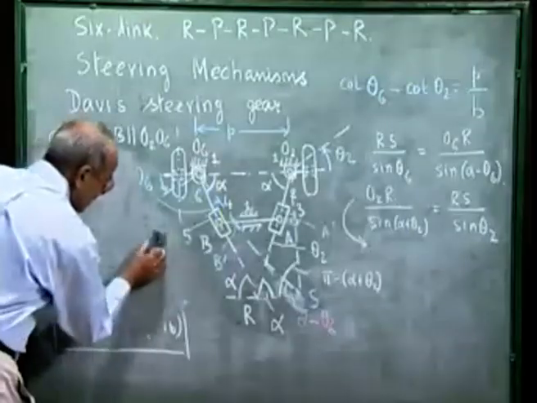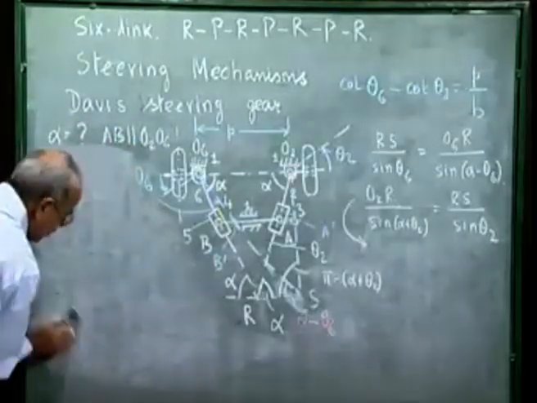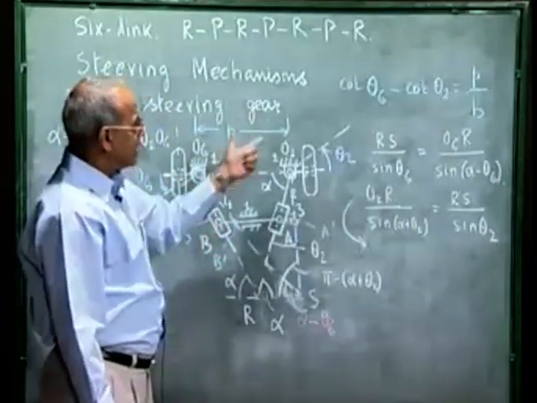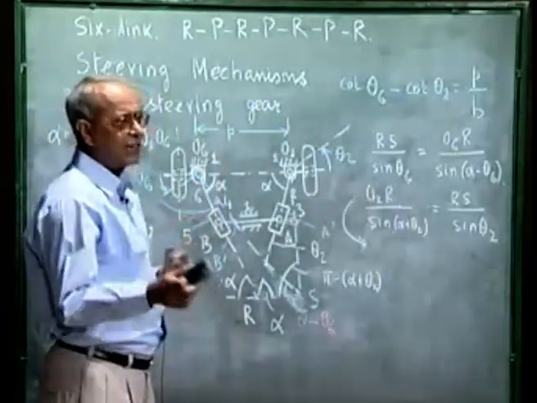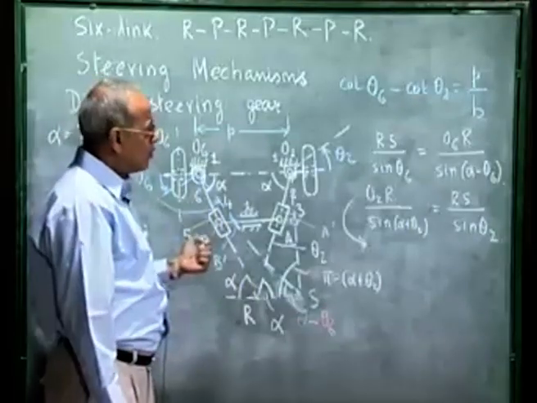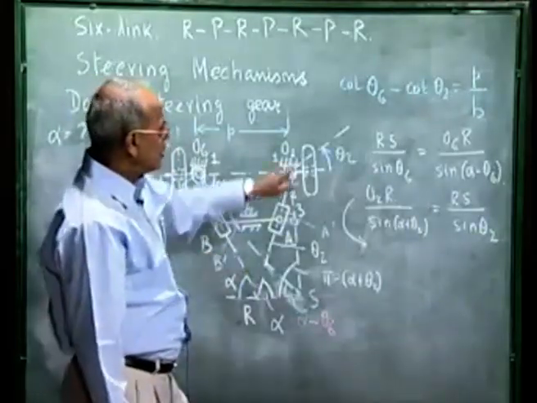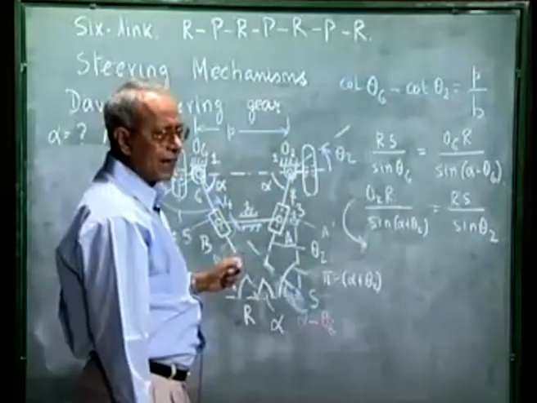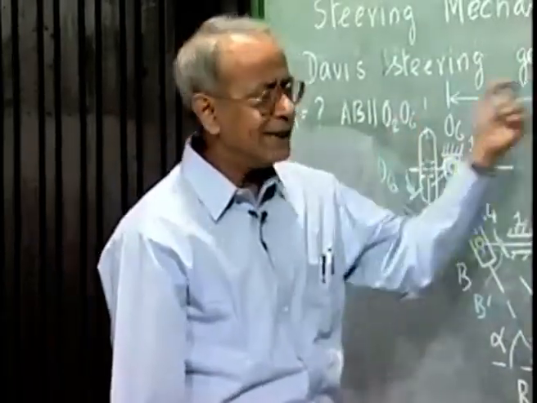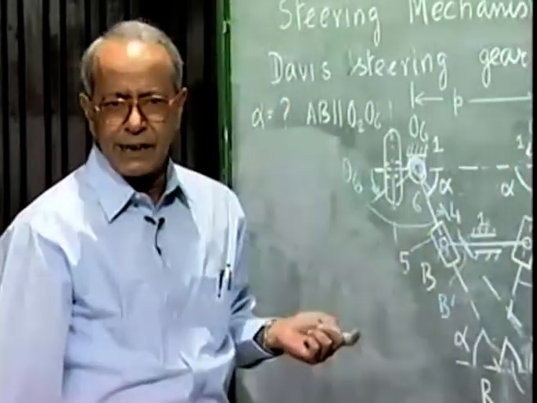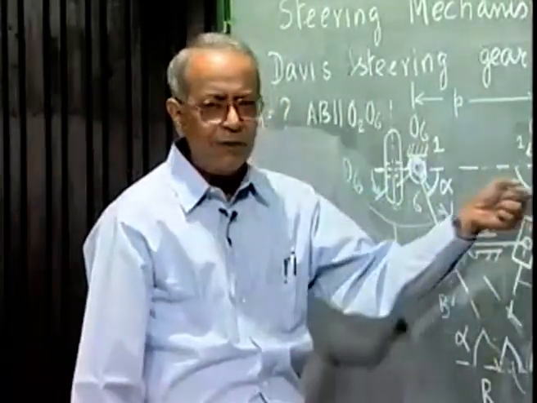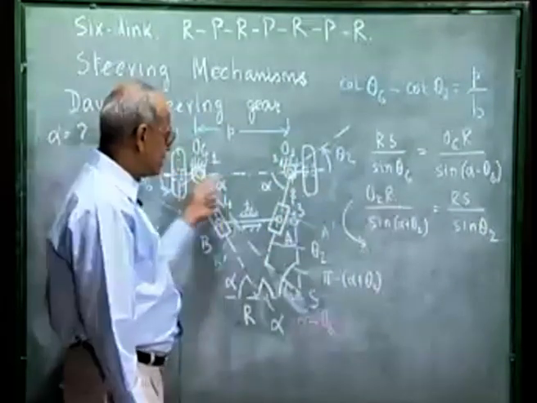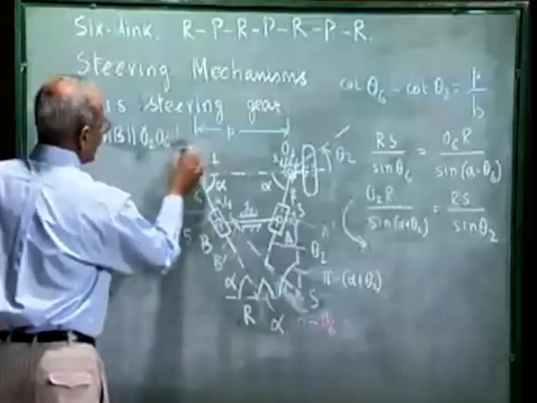And due to the difficulty of the prismatic pairs, it is decided to forego this advantage of maintaining the steering condition for all the turning radii. We can go for a simpler mechanism which will maintain the steering condition for certain values of the turning radius and will not be exactly satisfied for all other turning radii, and there will be a little tendency of slip or transverse motion of the wheels at the point of contact.